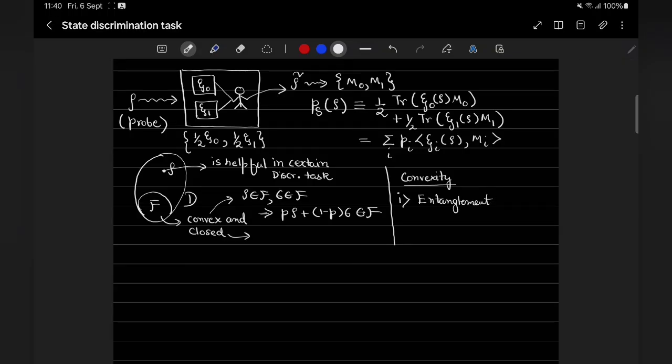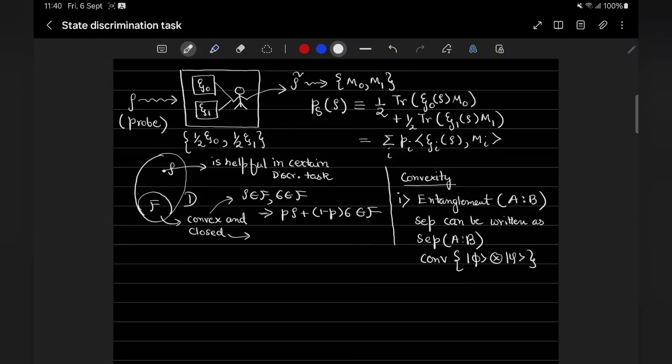If you have entanglement, we know that there is entanglement between two parties A and B. Then the set of states which are separable forms a convex set. The separable states can be written as SEP_AB, and they are the convex hull of all the possible convex combinations of states which are uncorrelated.